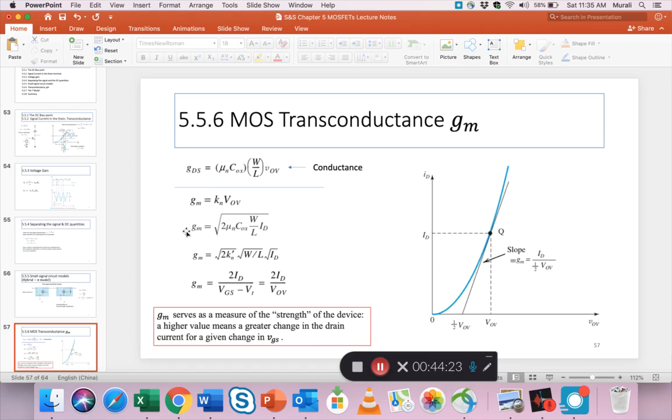GM we associate mostly only with small signal analysis. Okay, we don't talk about GM if there is only biasing being discussed. If we are only trying to set up a bias point Q, or we are only trying to find the bias current and big VDS, then we talk about the conductance, and we may use it in a formula.